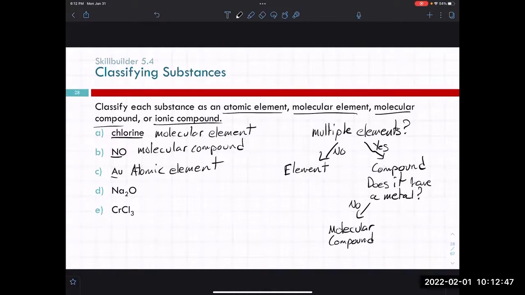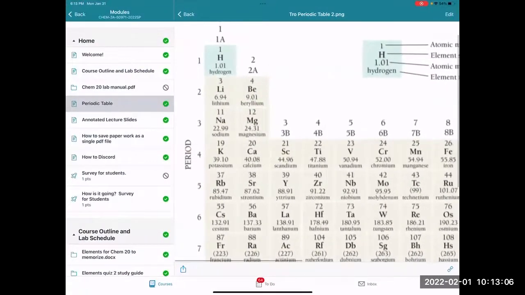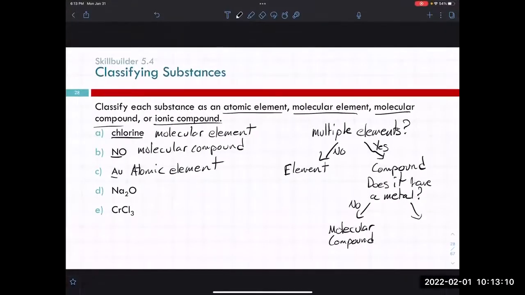All right, how about for D? Do we have multiple elements? Yes. Does it have a metal? Where's sodium on the periodic table? I guess I could pull up the periodic table. Sodium is all the way on the left side, so it is a metal. So we have multiple elements and we have a metal.